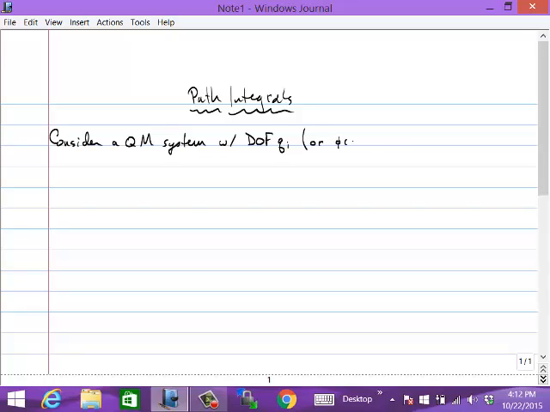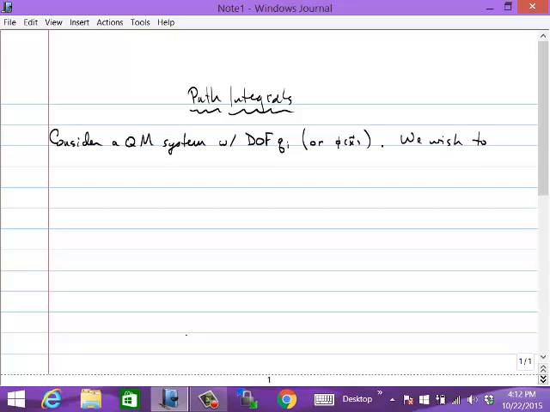Or, of course, and this is the example that we might be interested in this class, you could have 1 degree of freedom per point in space. So in that case, you might use the label x vector to label the different degrees of freedom. But for now, just to keep things general, I'll use the label q. So we don't necessarily have to be talking about a field theory with 1 degree of freedom per point in space, but we could be talking about some more general system.